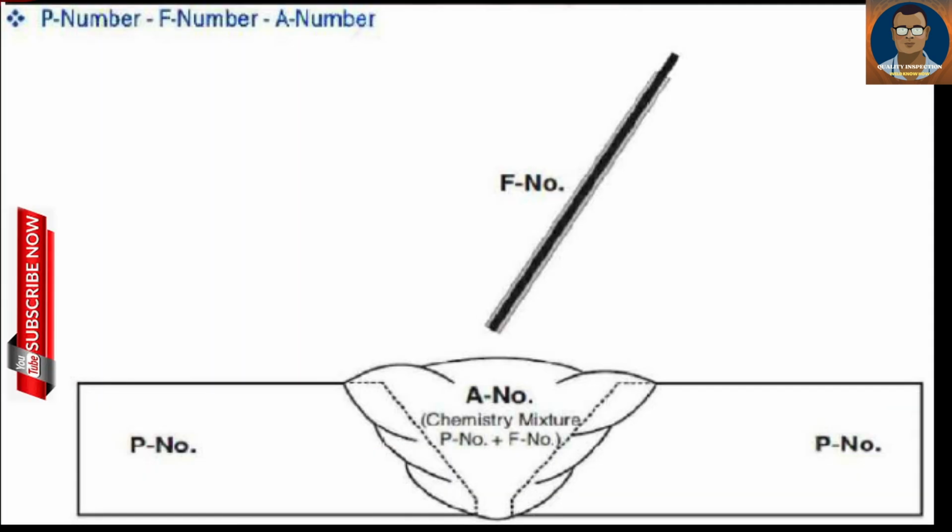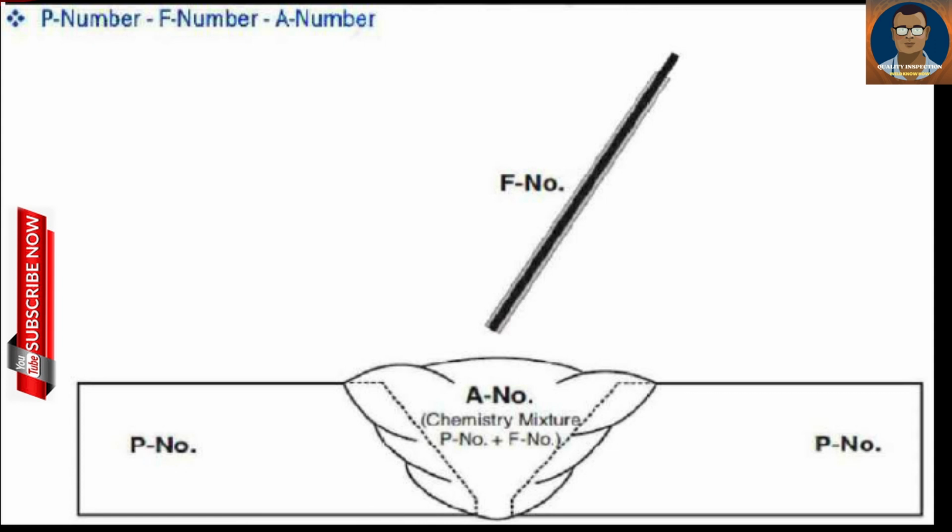Next question. Here you can see the P number, F number and A number with a figure. This figure will relate to which area you should find this number. P number is for parent metal. You can see this is the parent pipe or plate in the sketch, and A number is the chemistry for the parent metal and the weld metal.